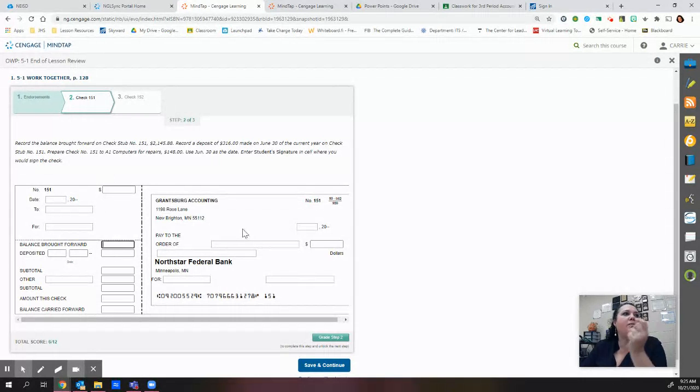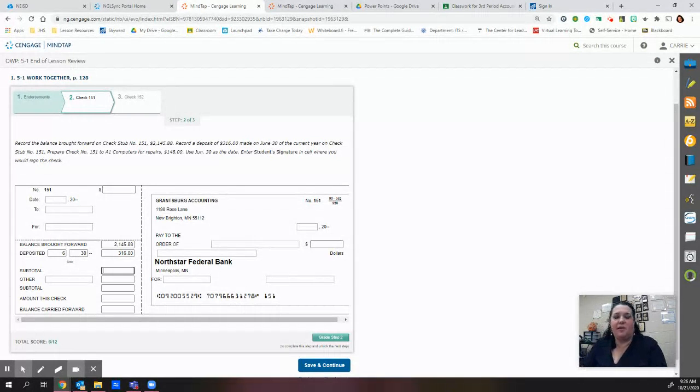So what we're going to start with is the balance brought forward. They tell us it's $2,145.88. And then we have a deposit on June the 30th. Why is it not working? Oh, they're going to want you to do it in numbers, 630, and that is $316, making my subtotal. You're going to have to add it together.